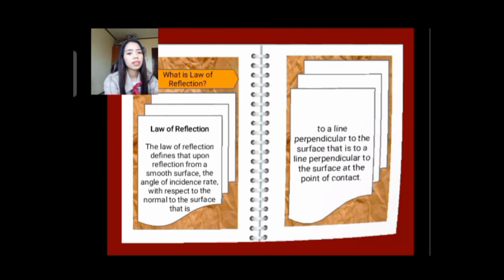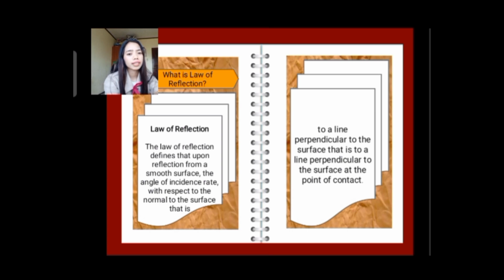The law of reflection defines that upon reflection from a smooth surface, the angle of the incident ray with respect to the normal to the surface, that is, a line perpendicular to the surface at the point of contact.